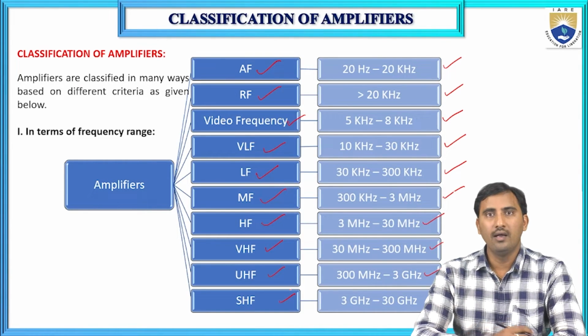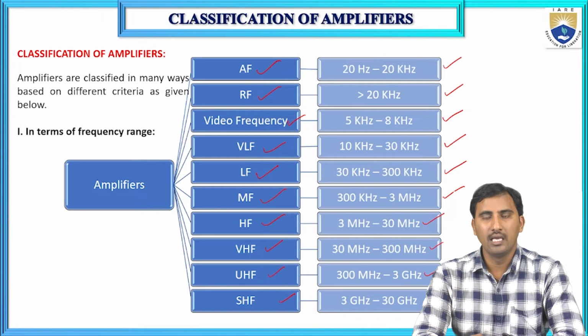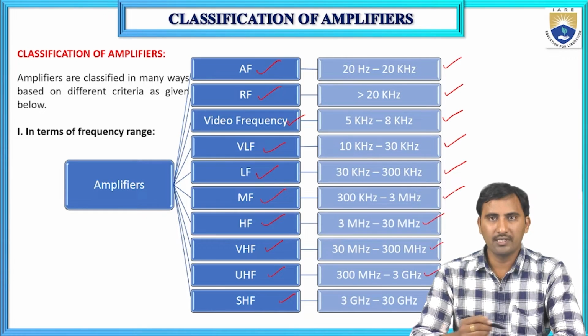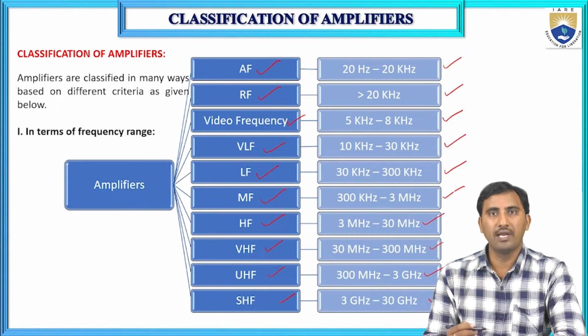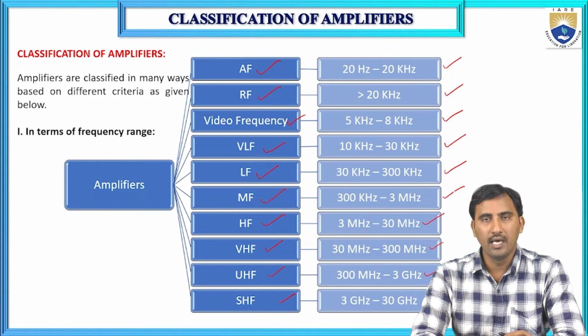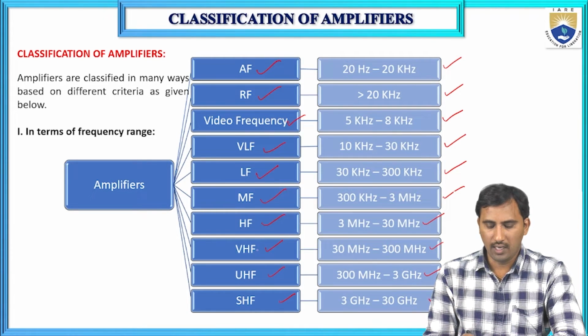So these are the classifications of amplifiers based on the frequency range: audio frequency, radio frequency, video frequency, very low frequency, low frequency, medium frequency, high frequency, ultra high frequency, and super high frequency.